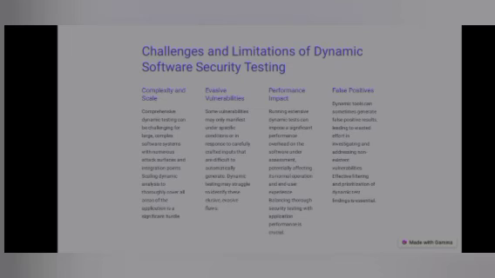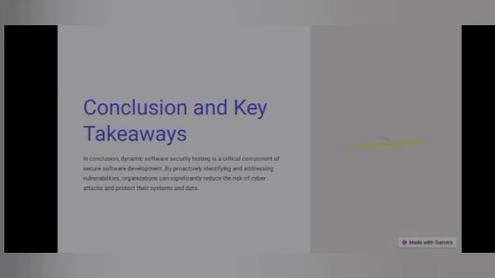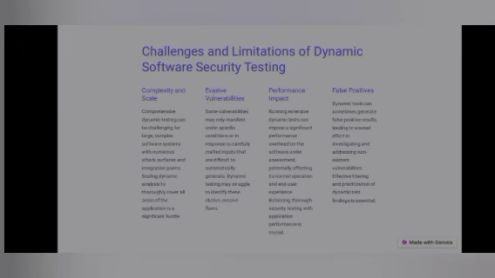Challenges and limitations of dynamic software testing. You can see there are four: complexity and scale, evasive vulnerabilities, performance impact, and false positives. Coming to complexity and scale, comprehensive dynamic testing can be challenging for large, complex software systems with numerous attack surfaces, integration points, and scaling.